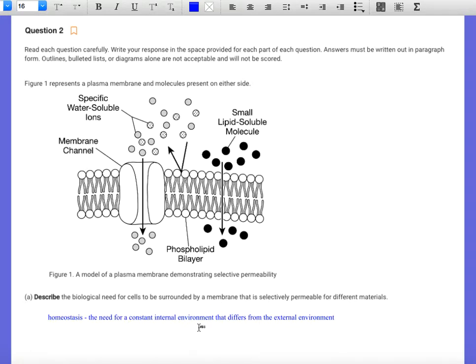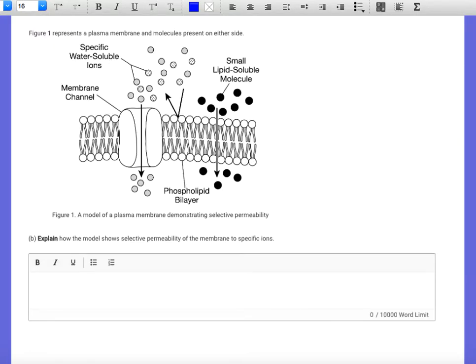Cool. Looking at the second part: explain how the model shows selective permeability of the membrane to specific ions. There are two things I'm seeing here. Number one, it shows that ions can't move through the bilayer, but these small lipid-soluble molecules can.